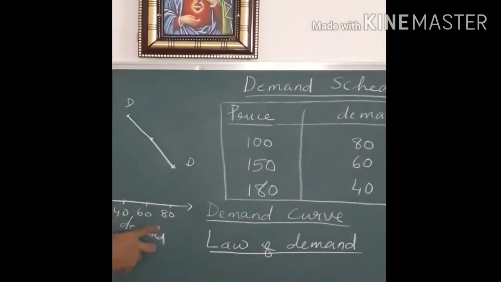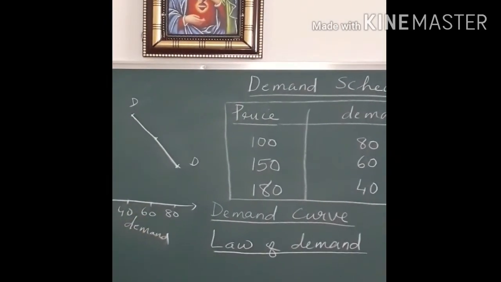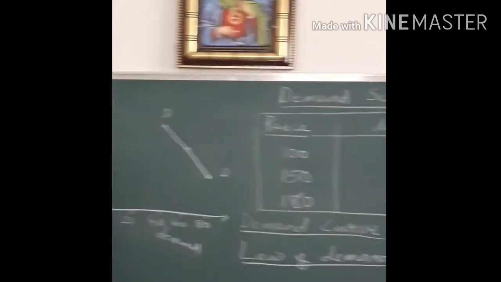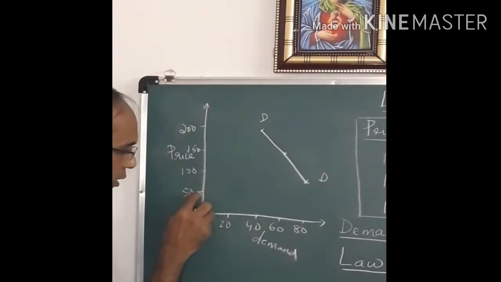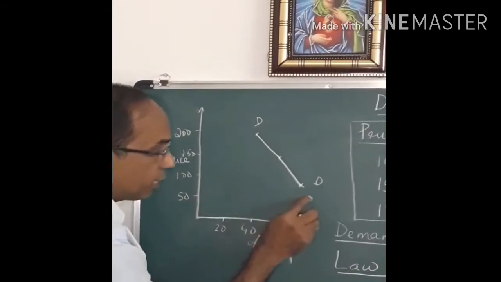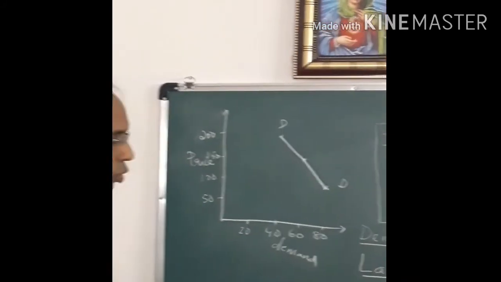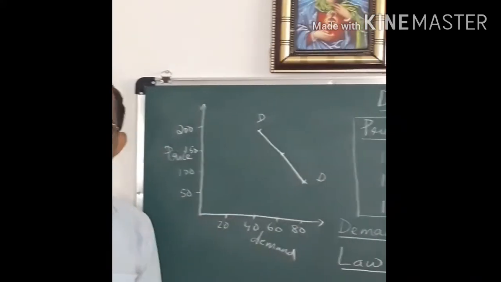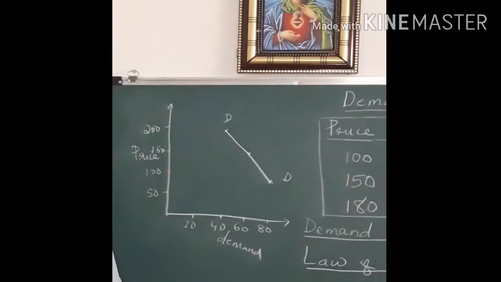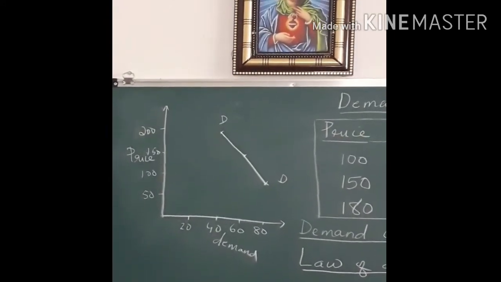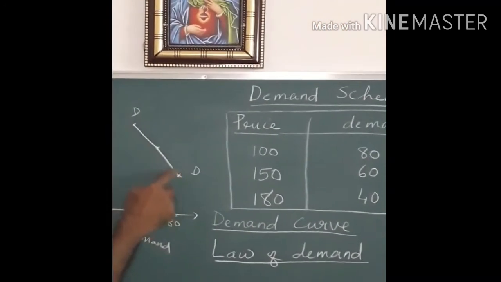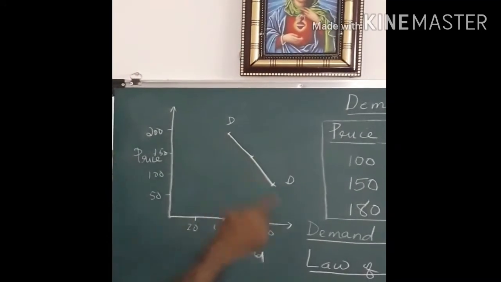Inverse relationship means when price increases, demand decreases. When price decreases to 50, demand increases. This shows the inverse relationship between price and demand. And the demand curve may not always be a straight line.